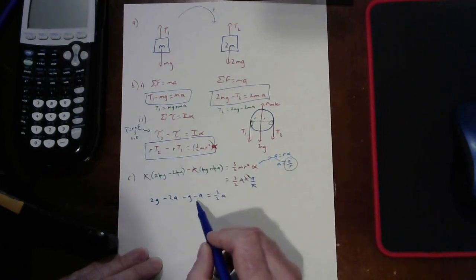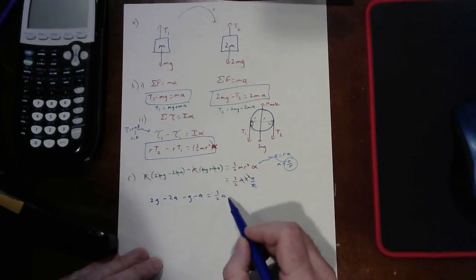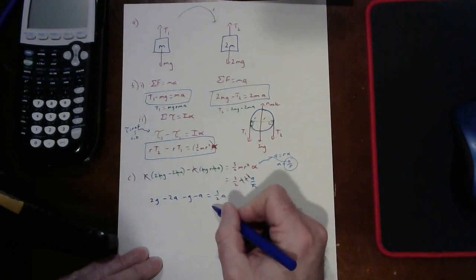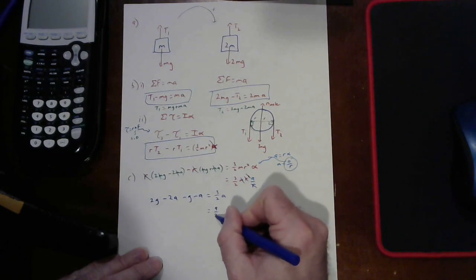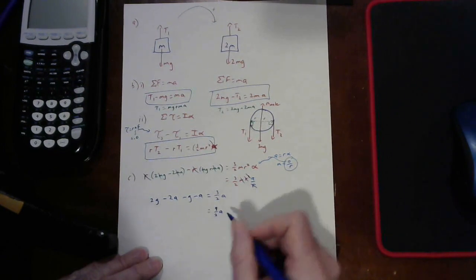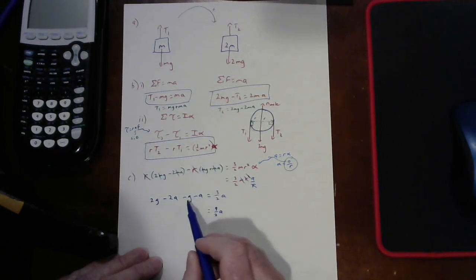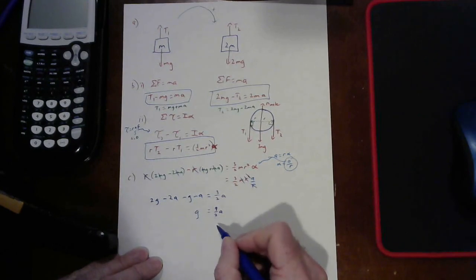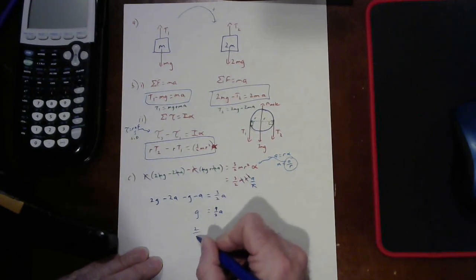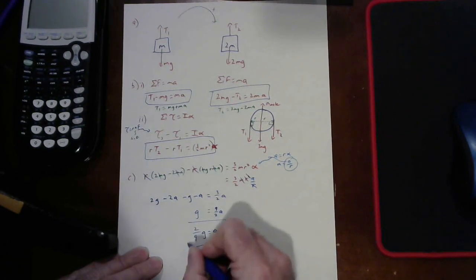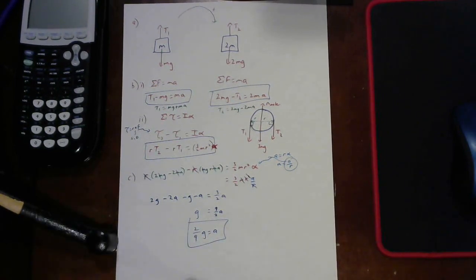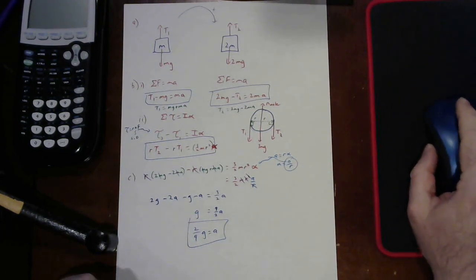This is minus 2a minus, that's minus 3a. When I add to the other side, I have 3a. 3a plus 1.5a, that's 4.5a, right? Or 9/2 a, if you will. On the left side, I've got 2g minus g. That's just g. So rearranging, 2/9 g is my acceleration.